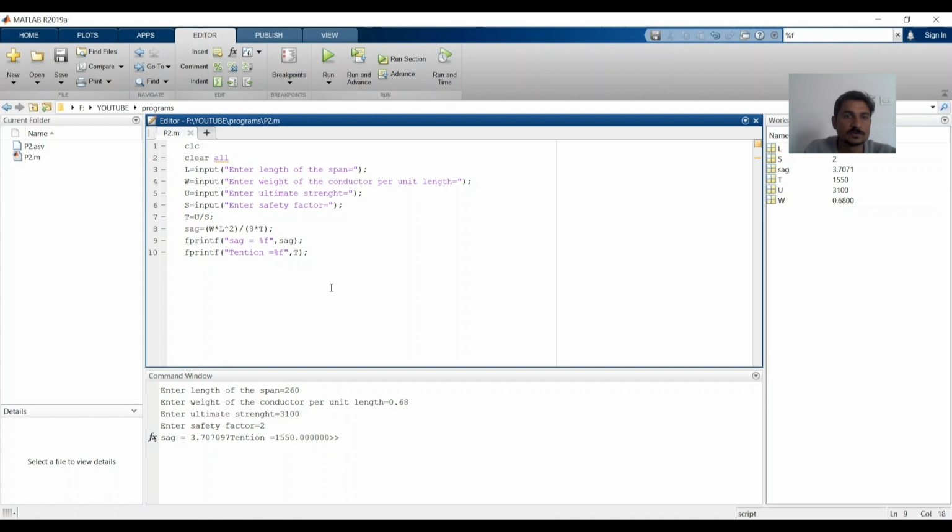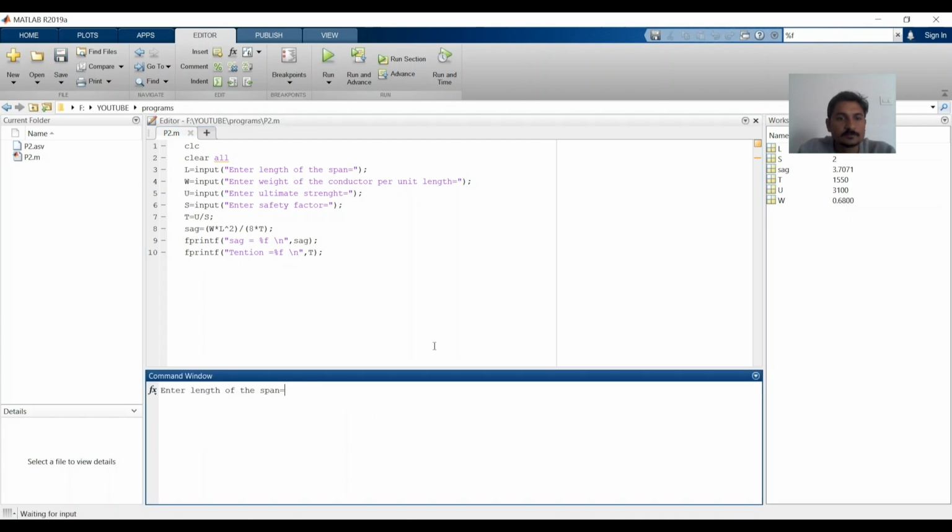For that, after percentage f we can use backslash n, which is the new line command, here also backslash n. If we run it again with length 260, weight 0.68, ultimate strength 3100, and safety factor 2, we now get the sag as 3.707097 and tension as 1550.